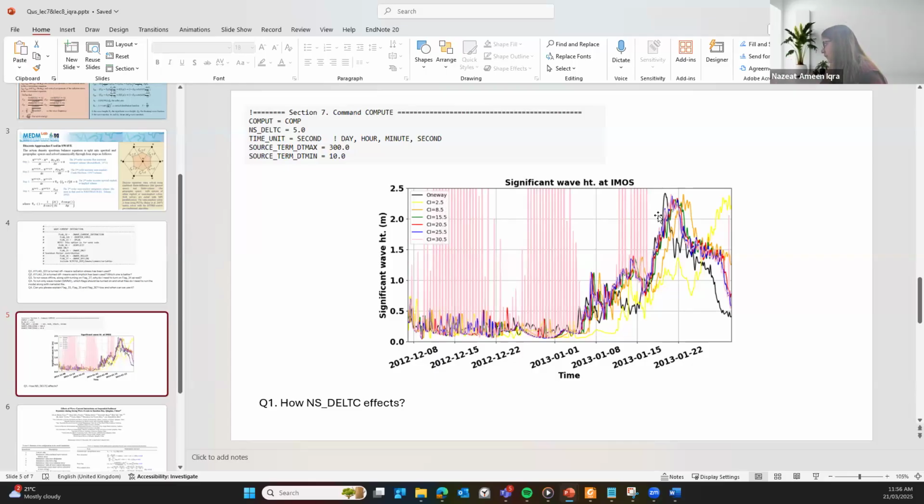This is my peak significant wave height around 17 January. The black line is what I expect, and the yellow one is when the NSDLTC value was 2.5; with the increasing value it shifted leftward toward the expected value. But when I change the value from 25 to 30, the result is very disruptive in the initial time, as you can see here.